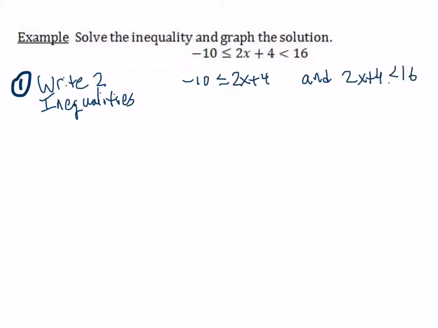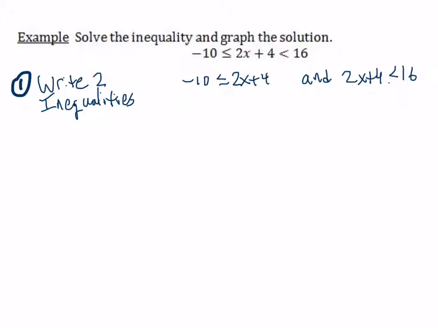Kind of like what we did with an absolute value, both of these have to be true. We didn't change any signs or anything. We just separated it into two. So we looked at this half here, and then we looked at this half here. Okay, so two inequalities, and now we just solve them like we should be familiar with.